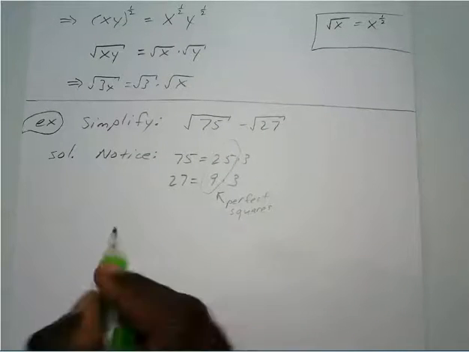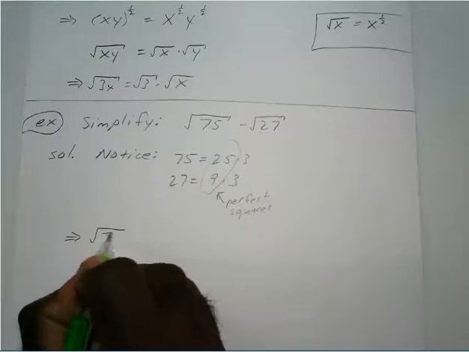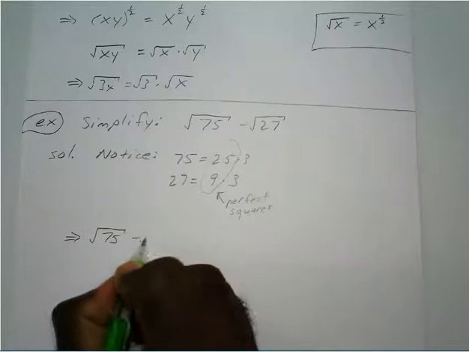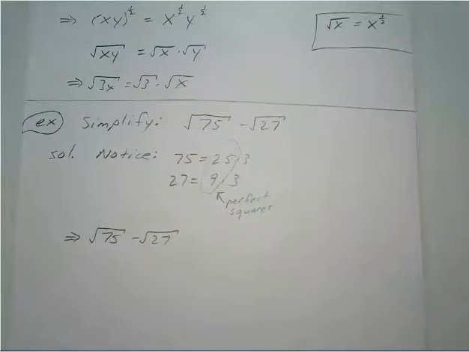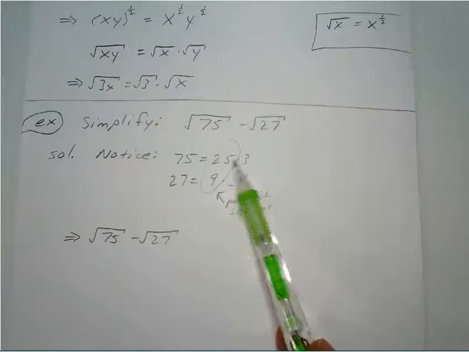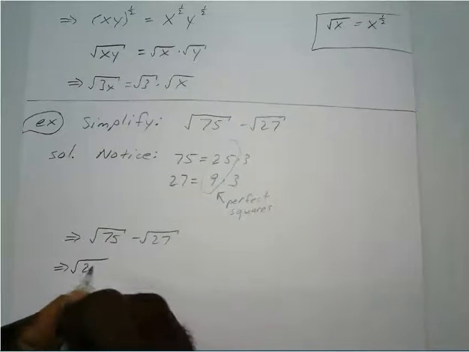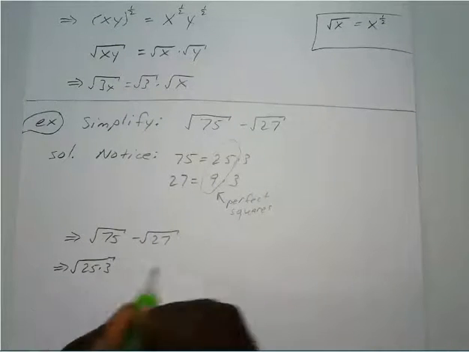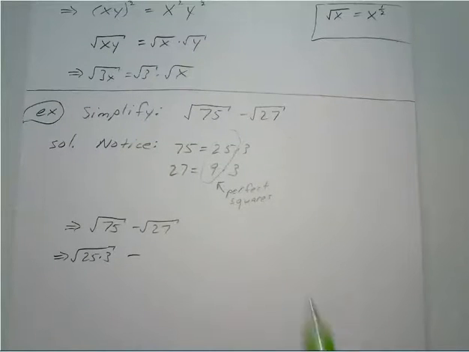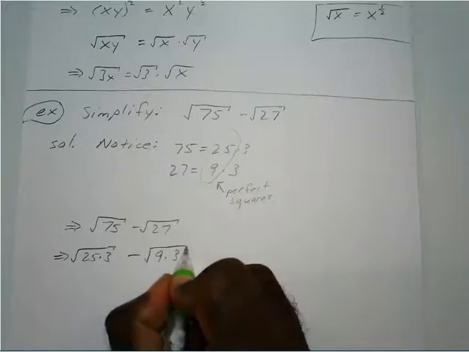Okay, so we're going to break this down one step at a time. Okay, so you have square root of 75 minus square root of 27. Okay, so we see here, square root of 75 can be square root of 25 times 3. So that's square root of 25 times 3 minus 27, which is square root of 9 times 3.